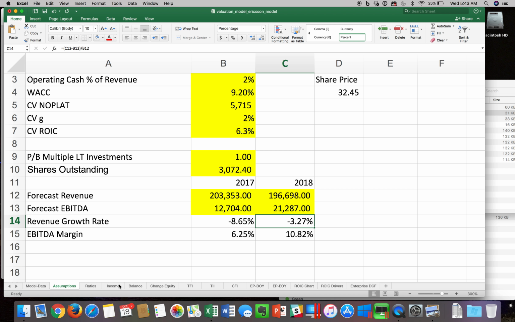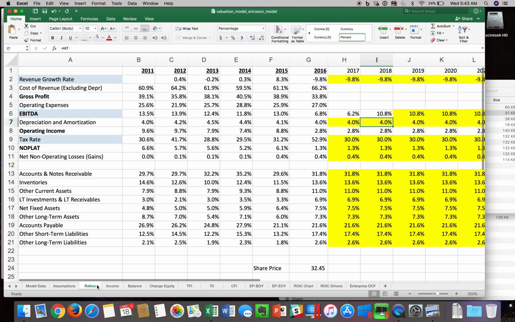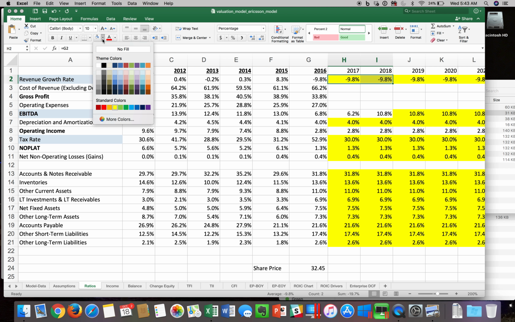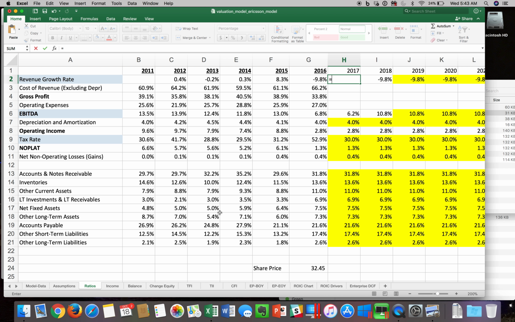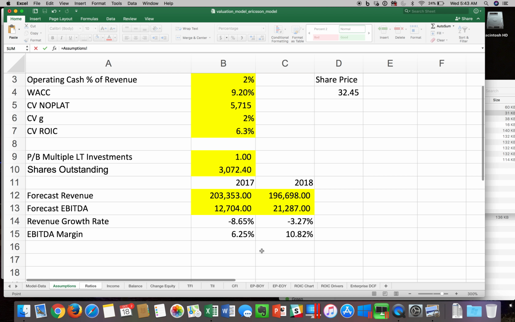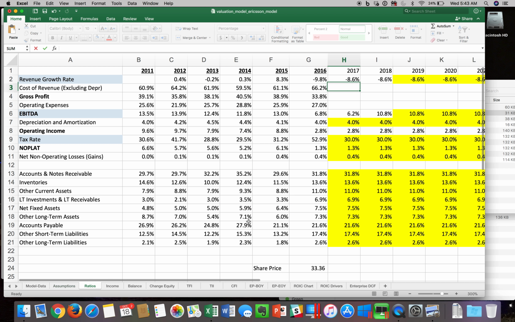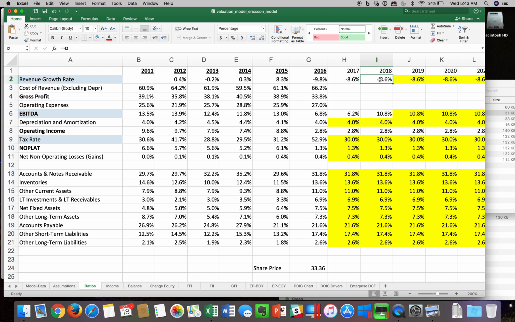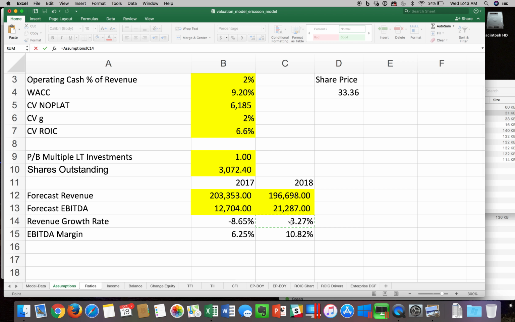So again, let's go back to the ratios tab, and I'm going to get rid of these cells. Instead of making them yellow, I'm going to set equals from the assumptions, that revenue growth rate, and for 2018 equals from the assumptions, that revenue growth rate.